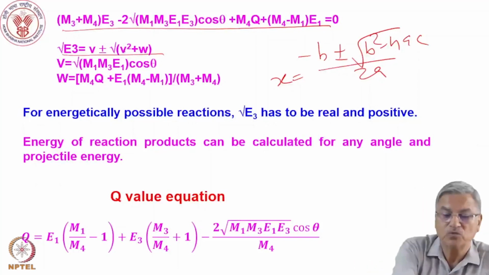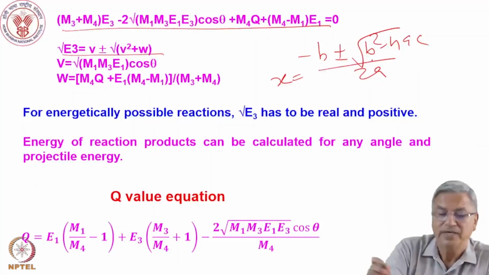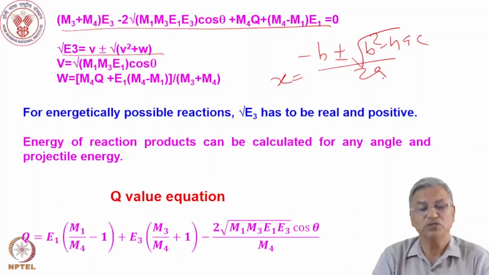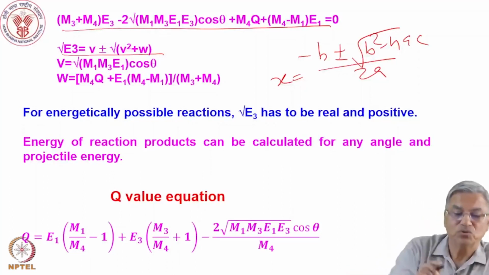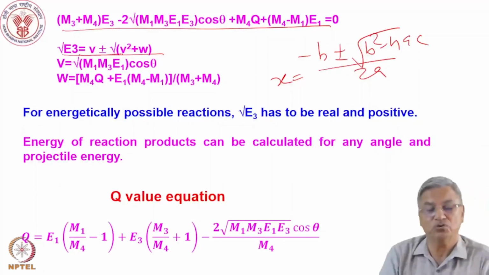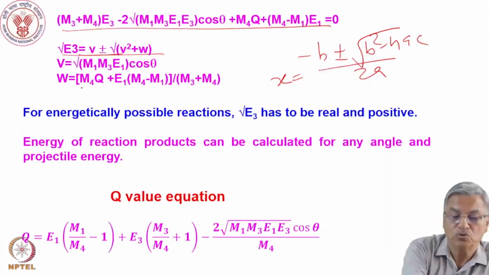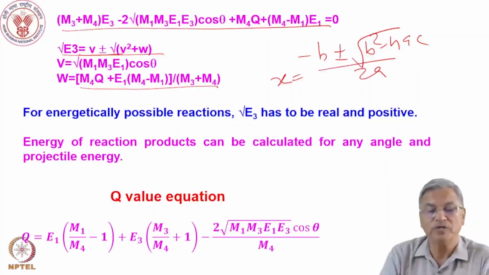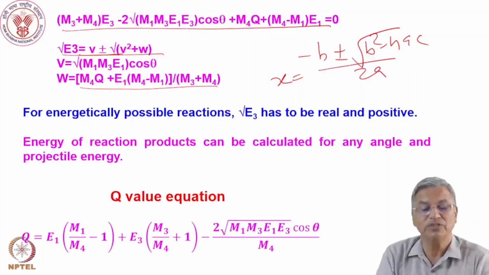So b upon 2a is v, and b squared minus 4ac upon 4a squared is w. So that is how you can write it, and so v equal to root m1 m3 e1 cos theta, and w is equal to m4q plus e1 m4 minus m1 upon m3 plus m4.